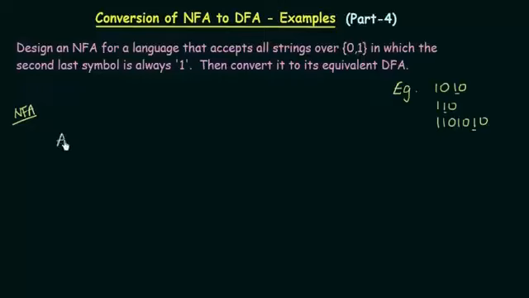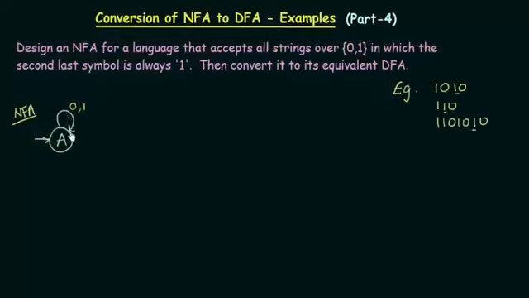First I'll start with my starting state, which I will call state A, and in A, whatever input I get, whether it is 0 or 1, let it stay in A, because this is the first state and I don't care what happens in the beginning. I am concerned about the second last symbol.